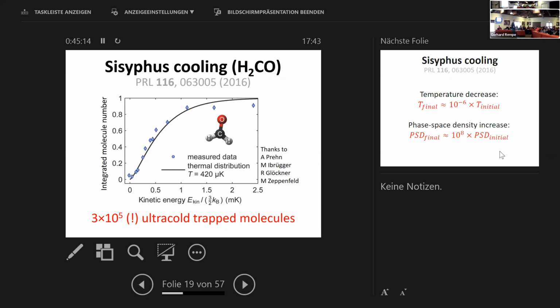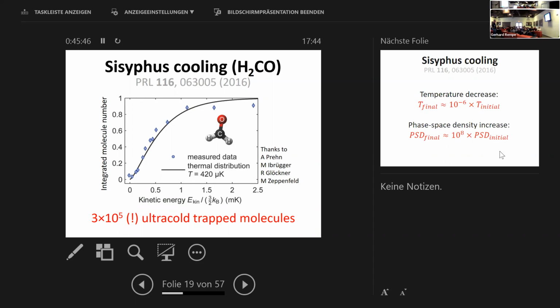Symmetric tops are nice, so that's why we started with a symmetric top. This is almost a symmetric top. There's one more thing. Formaldehyde can be probed optically at a wavelength which is not too crazy. You might know that molecules do not have nice optical transitions, and they're typically deep in the ultraviolet.